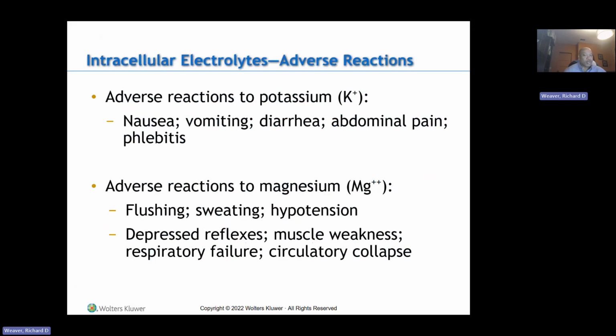And so if someone is already on an ACE inhibitor where their potassium levels are increasing, and you place them on a salt substitute because you think you're helping their, let's say, heart failure condition or their hypertension, where you don't want to make it worse by giving them salt. Wherever salt goes, water goes, and that can worsen hypertension. It can worsen heart failure. And so sometimes people might think a salt substitute may be the best option, but it isn't. You have to choose some other options, in other words.